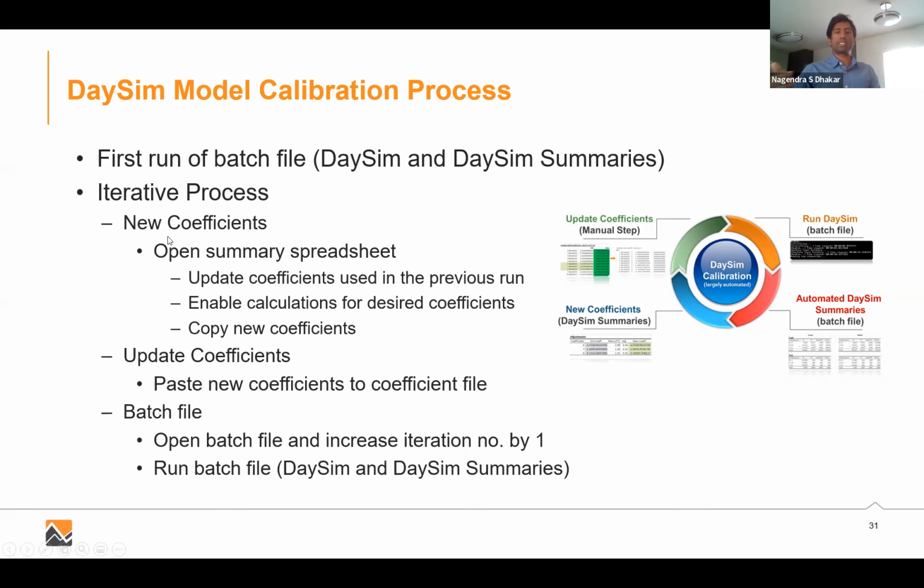Look at the summary spreadsheet in CR1, calculate new coefficients by enabling or disabling the damp factor, copy those coefficients into the coefficient file, go to the batch file, increase your iteration number by 1, and run the batch file. This process is followed until you are satisfied with the summaries of your model versus the survey data.